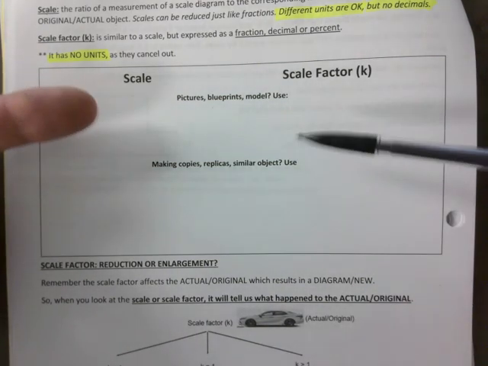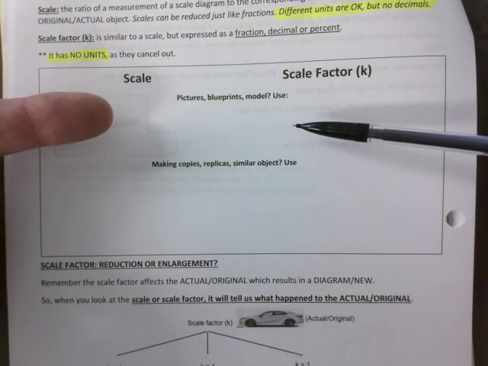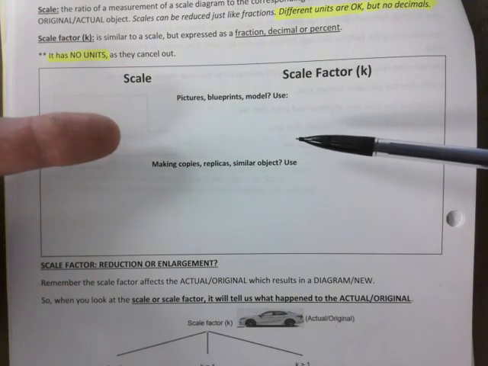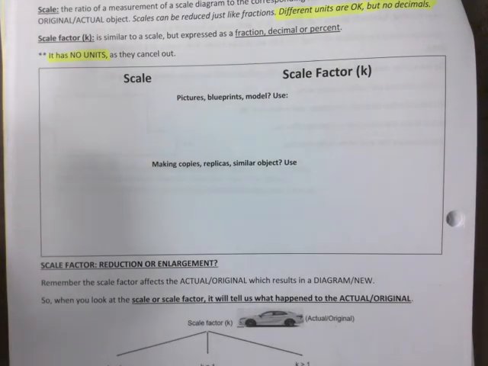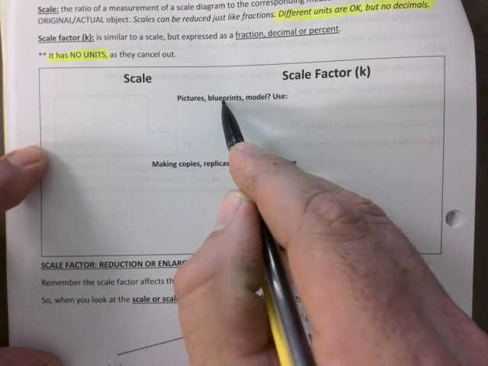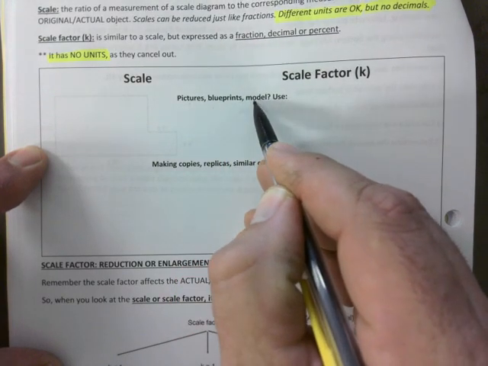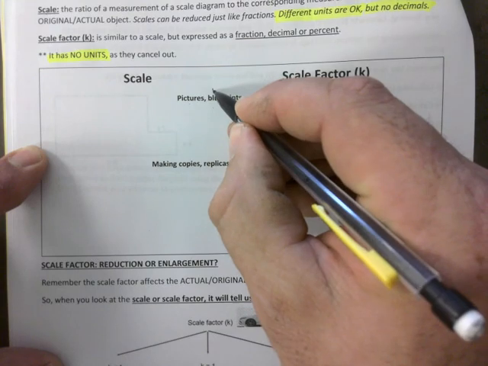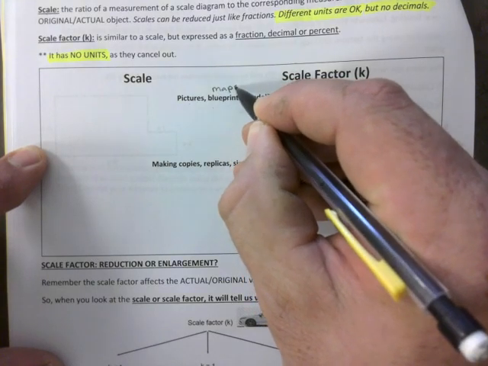I'm going to give you essentially the same concept, but in different contexts. Okay. So for a scale, when it comes to pictures, blueprints, model, I will even say maps. You can put maps on top of that.